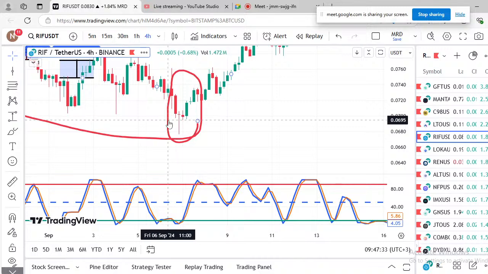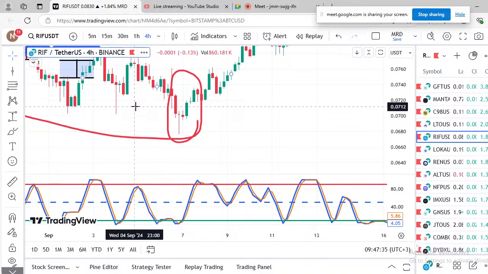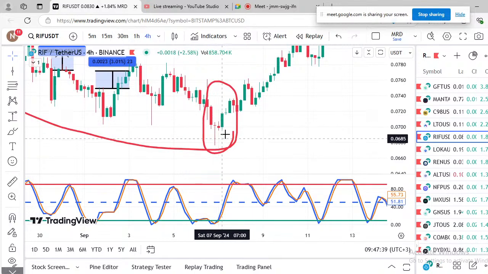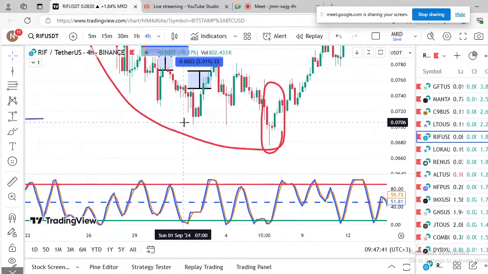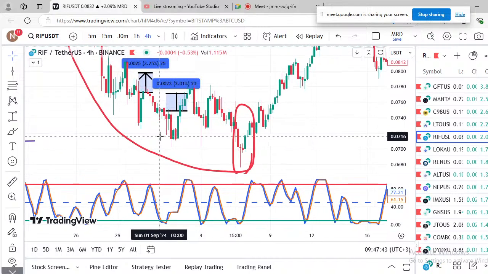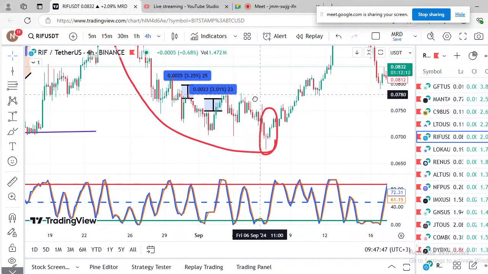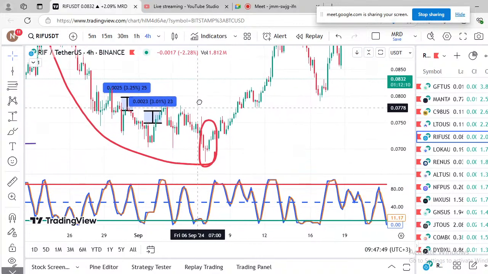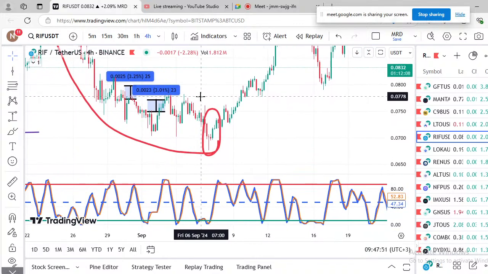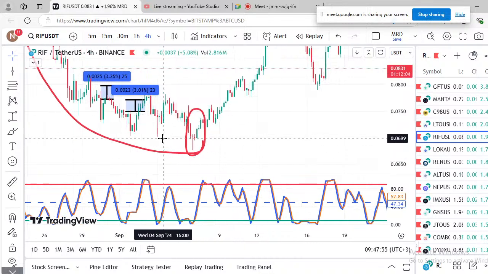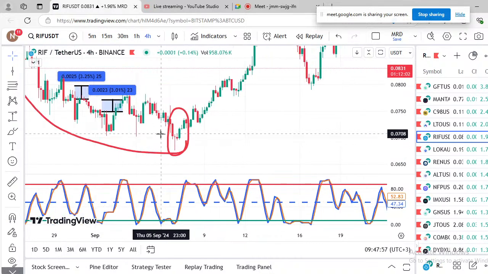You can see the Kasmoro pin bar at this point, meaning there is too much rejection from buyers. Buyers are rejecting sellers. Buyers here are taking over. Are you getting the point?